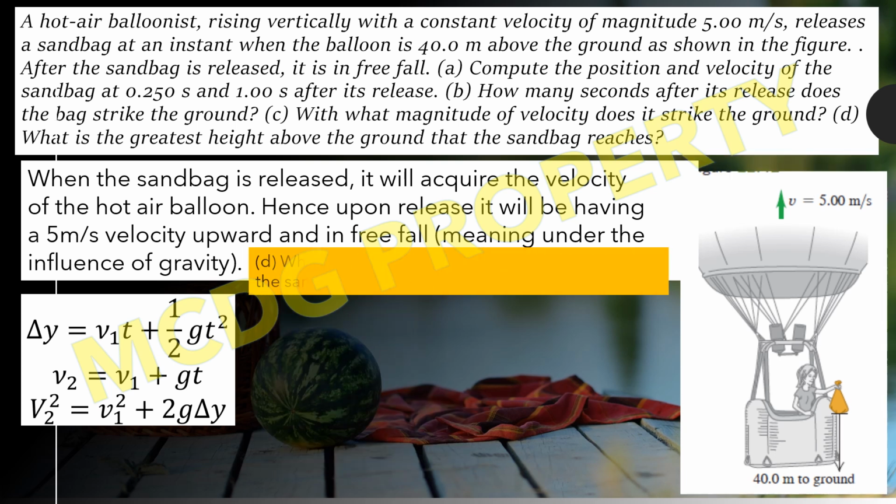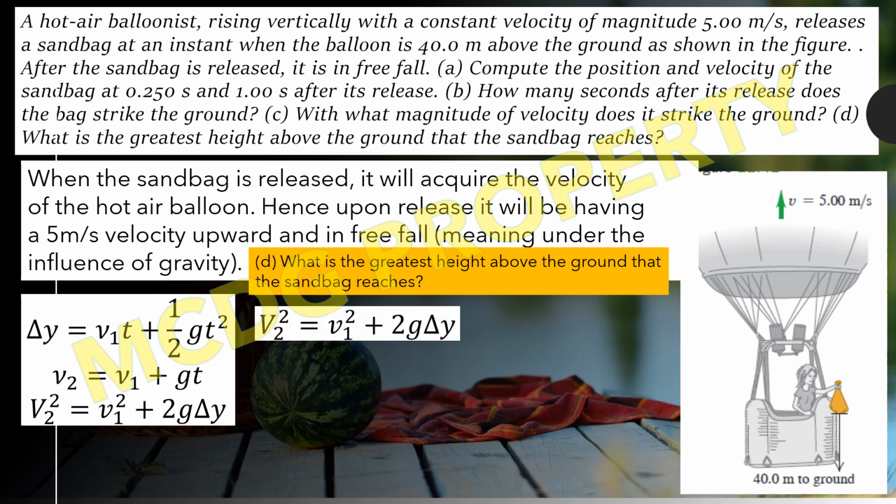Next is, what is the greatest height above the ground that the sandbag reaches? Since you're being asked to find the greatest height above the ground that the sandbag reaches, we can use equation number 3 because we know that at the maximum height of an object undergoing free fall, the velocity at that point is equal to 0.